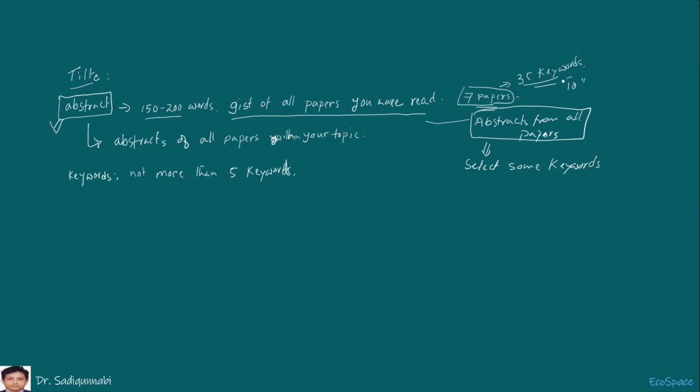Okay, so select the best 5 keywords from these 10, by using the exclusion principle. Okay, so deduct them and make it 5, and place these 5 keywords here. Okay. All right. So this is your second item.